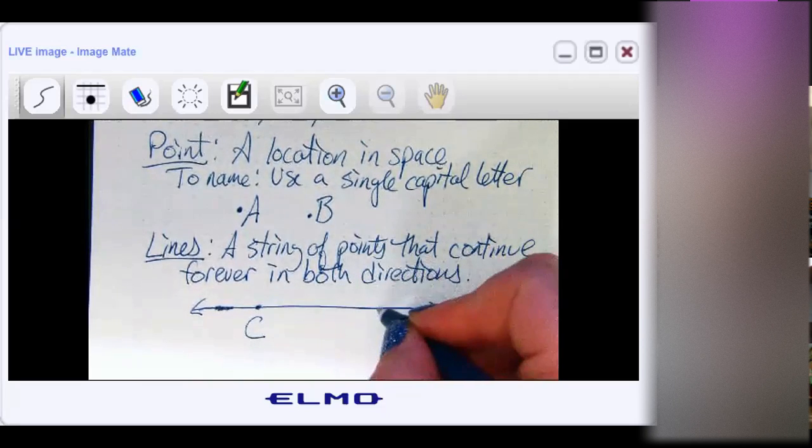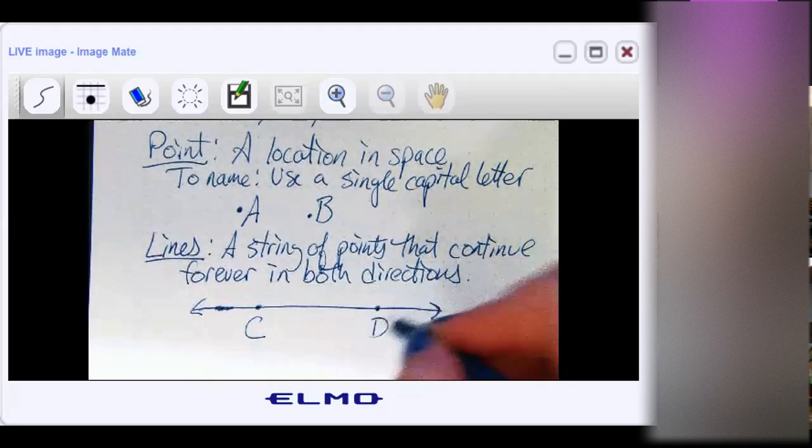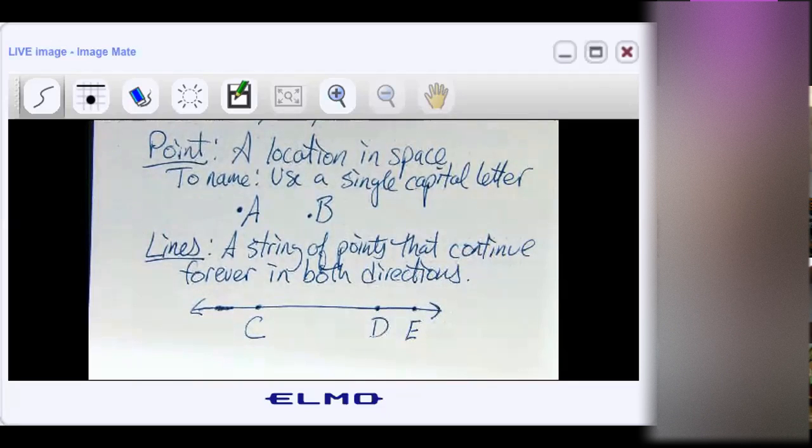Let's call that C, and let's say maybe point D is over here, and then I'll even add a point E. So all I did was highlight 3 of the points that belong to this line. But there's an infinite number of points, and we would spend the rest of our lifetime trying to name all of them. So I just picked out 3 random points on this line.